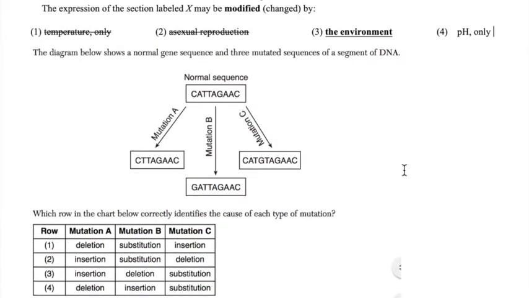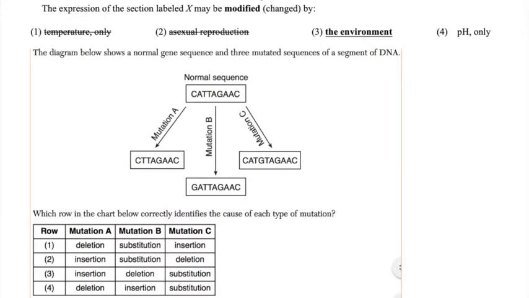All right, we have 2 more questions left. So this is showing a mutation. Which row in the chart below correctly identifies the cause of each type of mutation? This is a very easy one. You don't have to memorize these terms, or maybe you do. I don't think you do, because you just have to look at it and understand what these words mean.